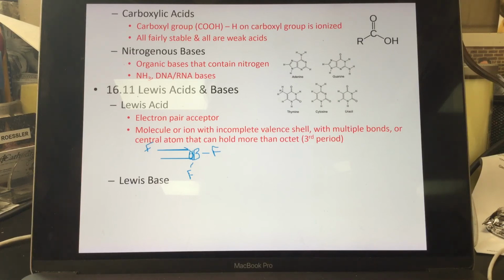So it doesn't need an octet, but it does have room to accept a pair of electrons if it were provided those. So that would be considered boron trifluoride a Lewis acid. Really wish there was a better way to do this.